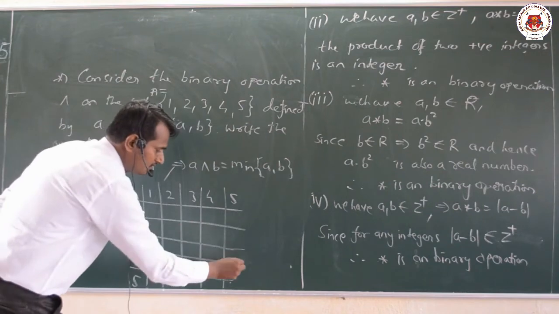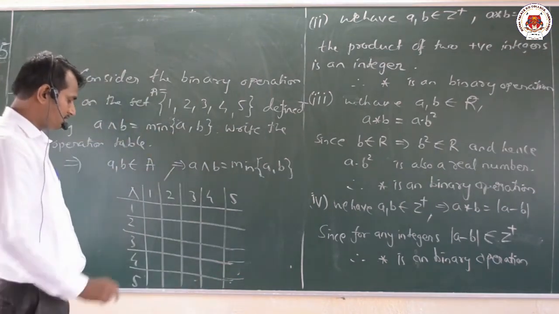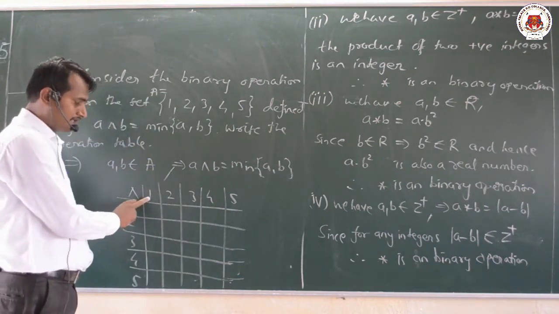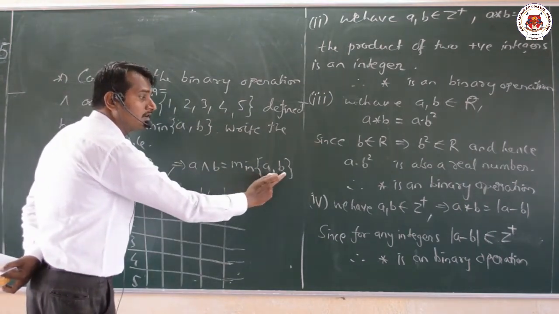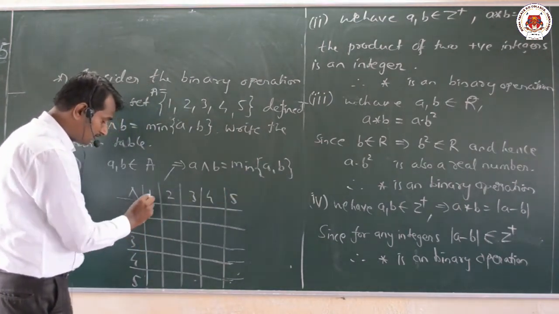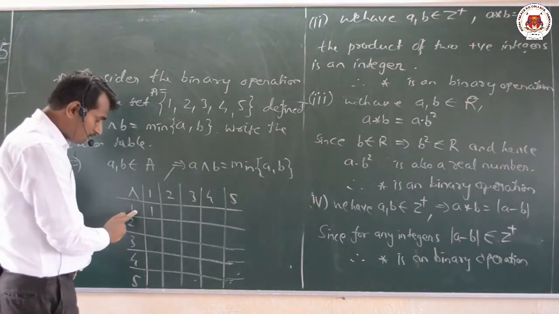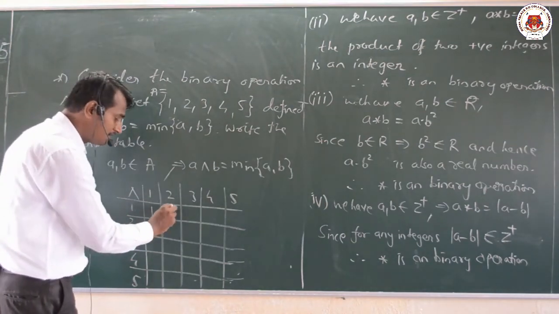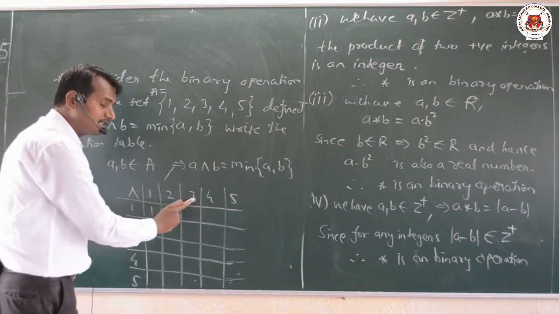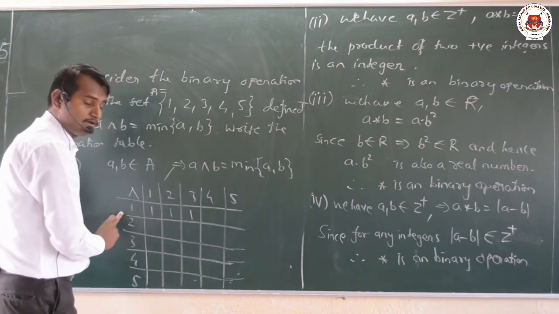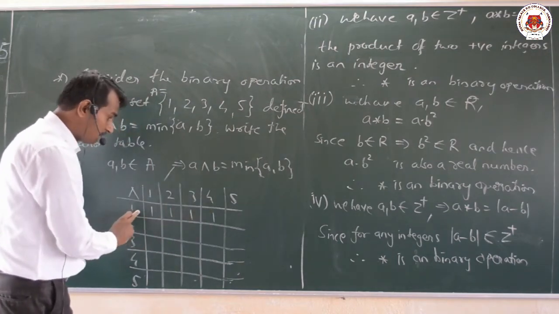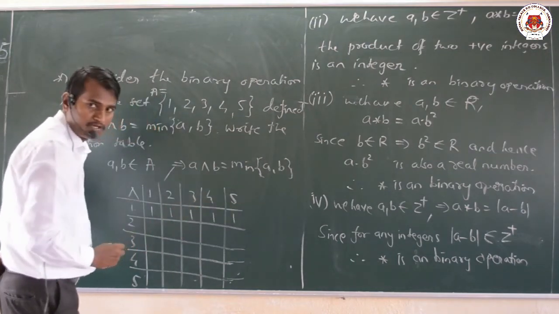Now what is the minimum? Here 1 cap 1, minimum of 1 comma 1 is 1. 1 comma 2, minimum will be 1. 1 comma 3, the minimum will be 1. 1 comma 4, the smallest is 1. 1 comma 5, the minimum will be 1.